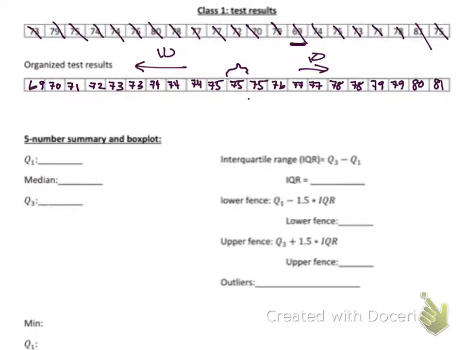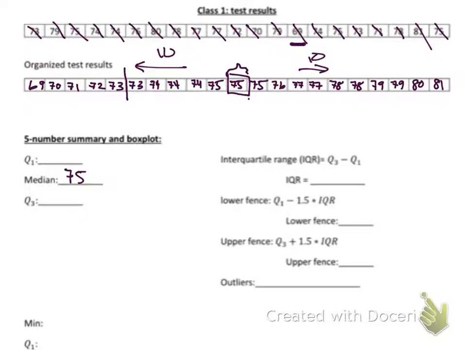This particular value right here, well, I'm going to undo that because it kind of covers it up. But that 75 is our median. We're going to exclude this now as we look at the bottom half of numbers to find Q1, our first quartile. So we've got 10 values on the left, and we need to split this in half. So that will be 5 on the left, 5 on the right.